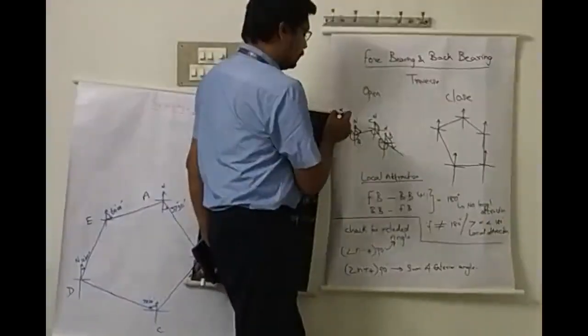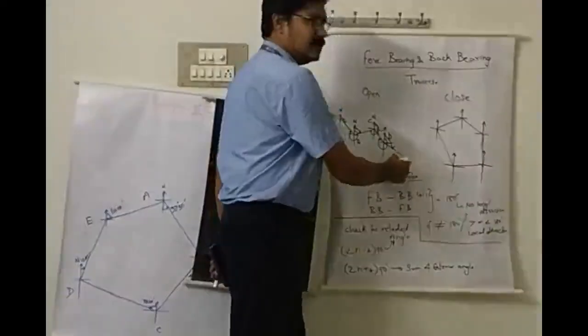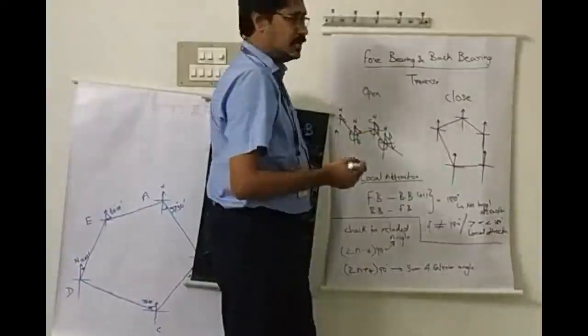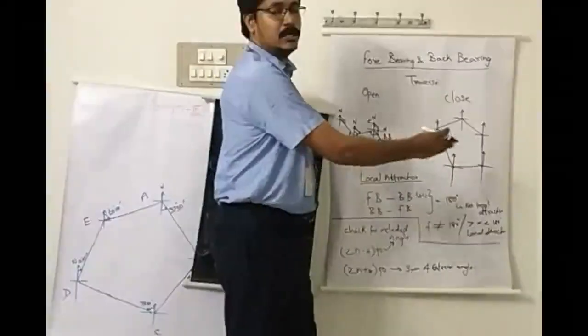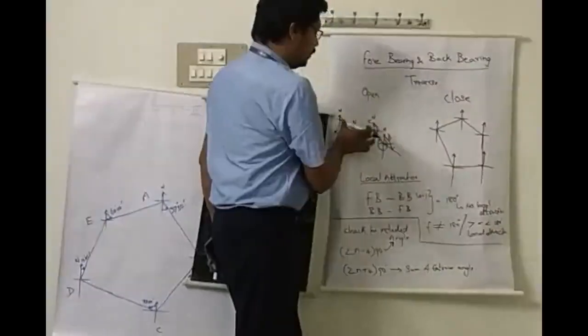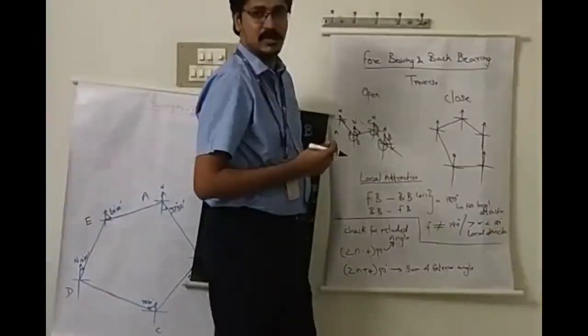It is an open traverse. It starts from A, moves on towards another point, and ends somewhere else. It can be checked in a different way, to see whether we have proceeded in the right way. Between these two, we may have a check line and we can check it.